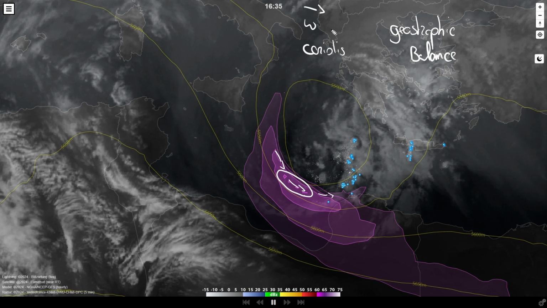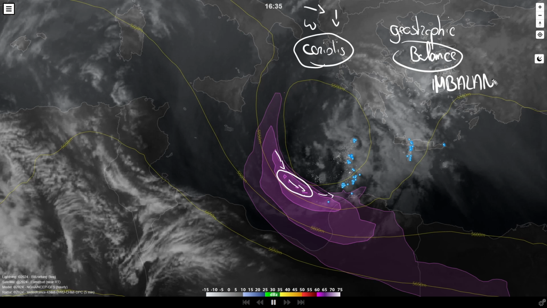Now, if you consider the following, since air is exiting the jet streak, it starts to slow down. And we must consider that Coriolis is a force that starts slow and stops slow, meaning that as air exits the jet streak, wind speed decreases, but Coriolis is slow to respond to this wind speed, leading to no longer a balance but an imbalance in the geostrophic balance.